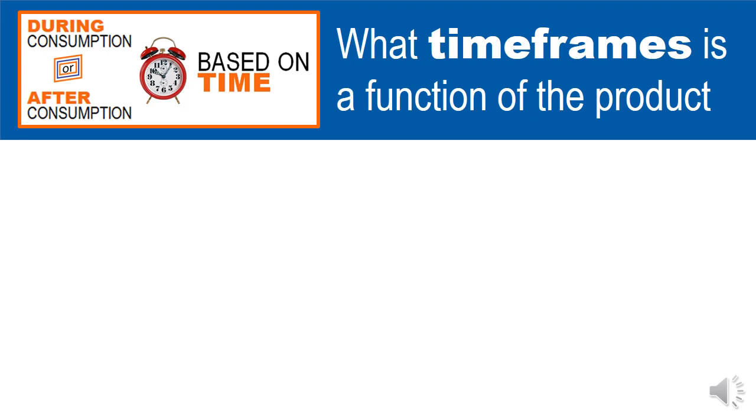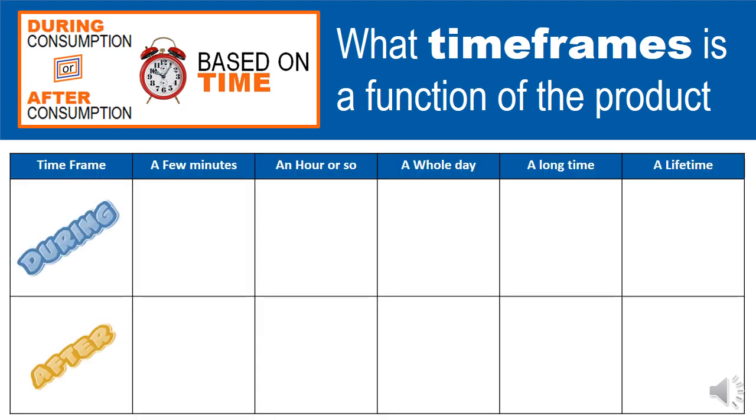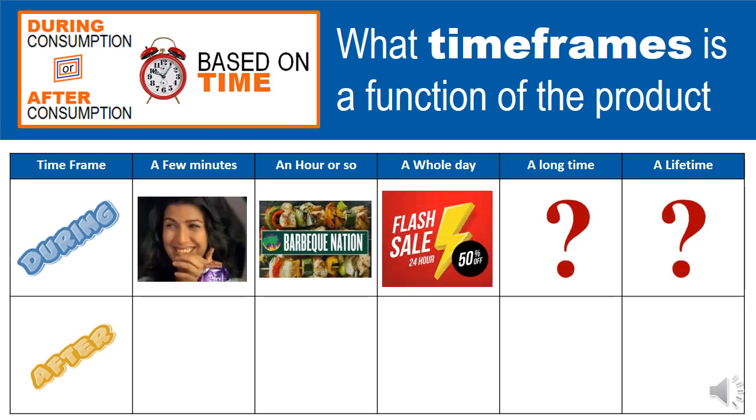When we are talking about time as the bifurcating variable, what time frames we are talking about is a function of the product. Take the case of during. Chocolate, obviously, the fun, the value is just for a few minutes. Move on to a Barbecue Nation where you enjoy a dinner over a slowly cooked fire, a grill.